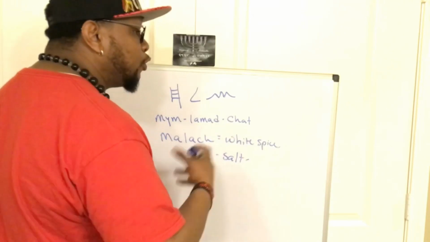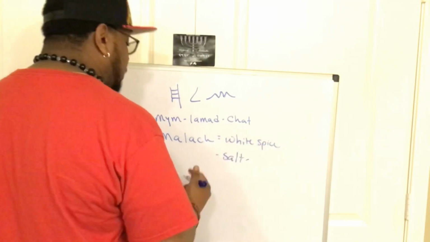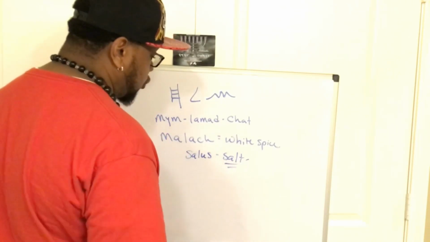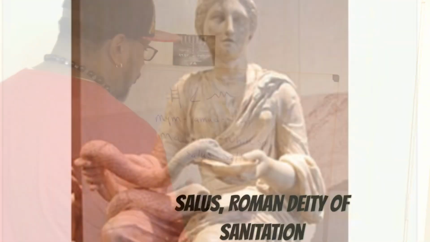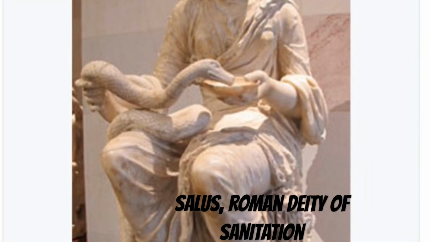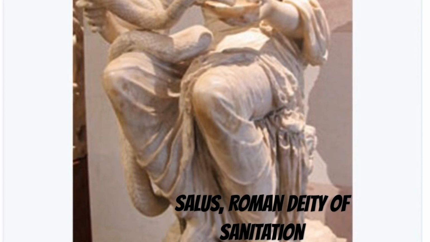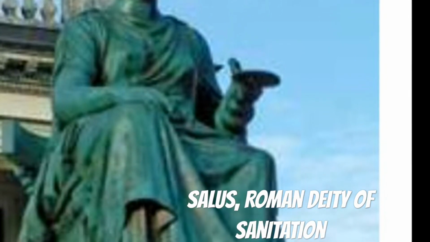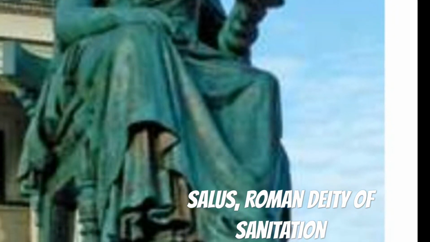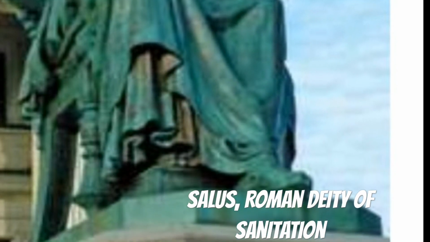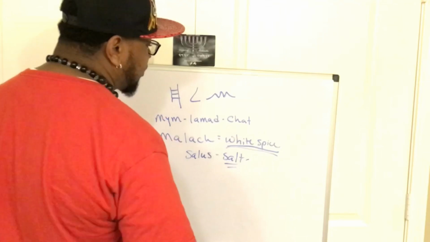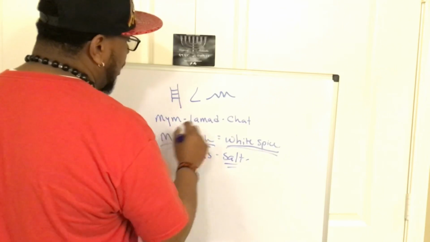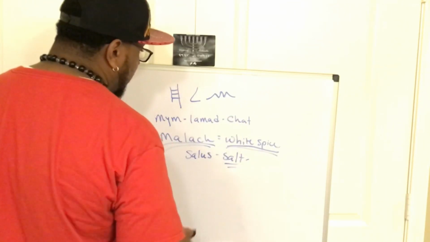So this deity Salus created salt to them, so I don't say salt anymore. I either call it, in the English tongue, white spice, or in the Arabic tongue, I call it mala. Mim lamed hat. Mala.